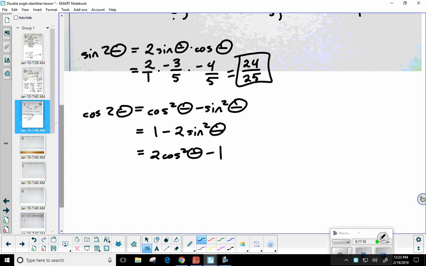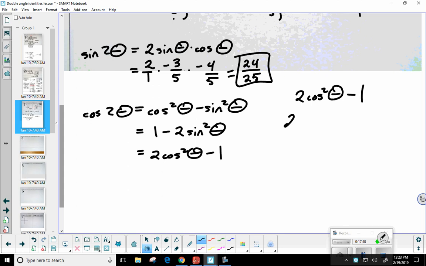Doesn't matter which one I choose. Absolutely not. Okay? Genevieve, which one of those 3 do you like? Which one would you like to use to evaluate cosine 2 theta? The last one? So 2 cosine squared theta minus 1. Okay. So 2 cosine squared of theta minus 1.